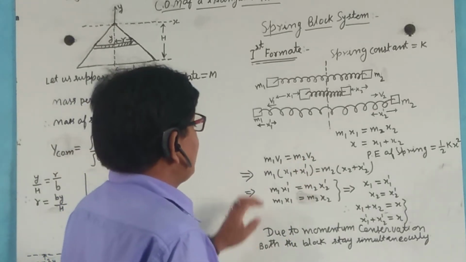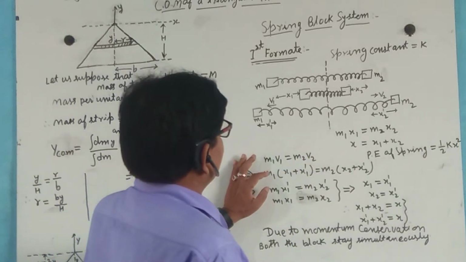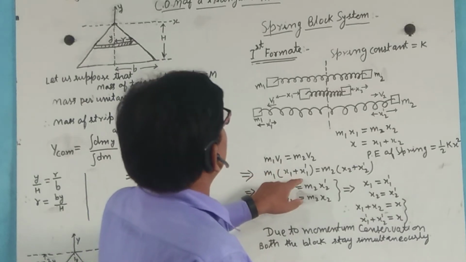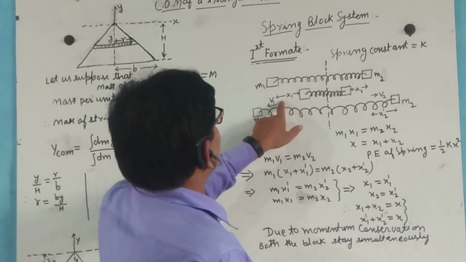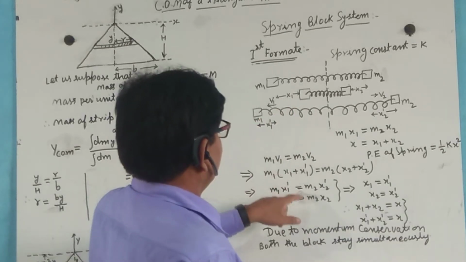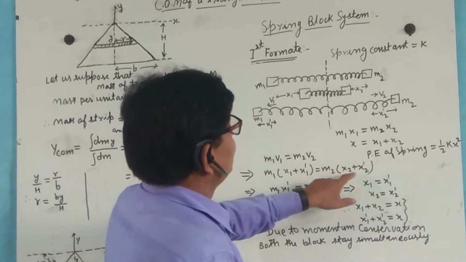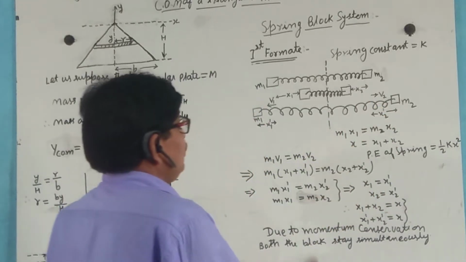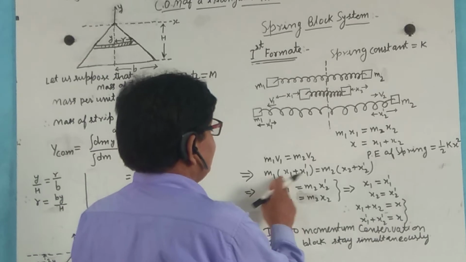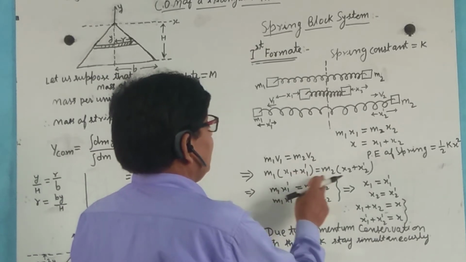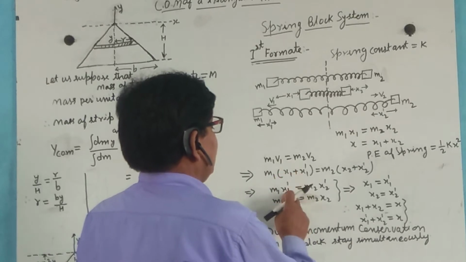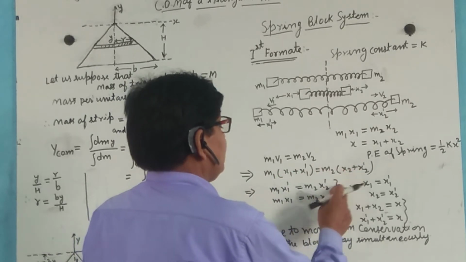Now, by momentum conservation, m1 x1 plus x1 dash equals m2 x2 plus x2 dash here. We multiply m1 x1, m2 x2, and m1 x1 dash, m2 x2 dash.